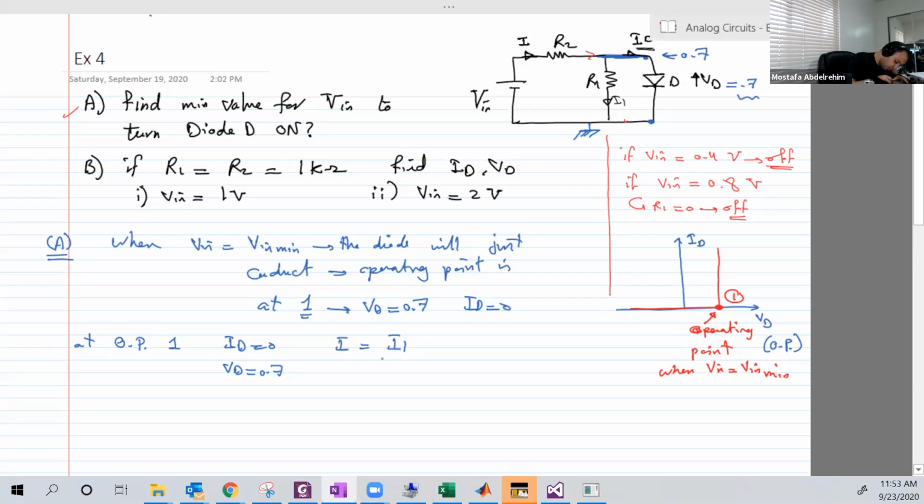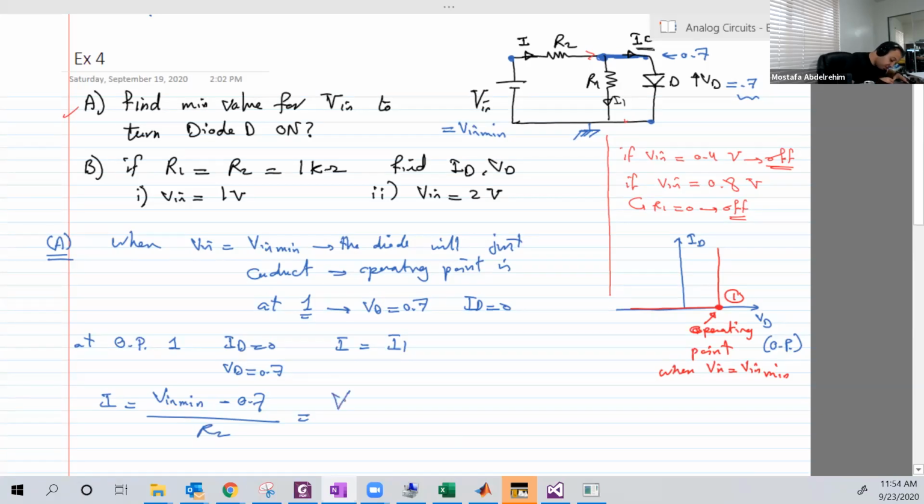I is equal to this point minus this point over R2. Now V input is V input minimum, remember. So I is equal to Vin minimum minus this point, which is 0.7, over R2. And what is I1?